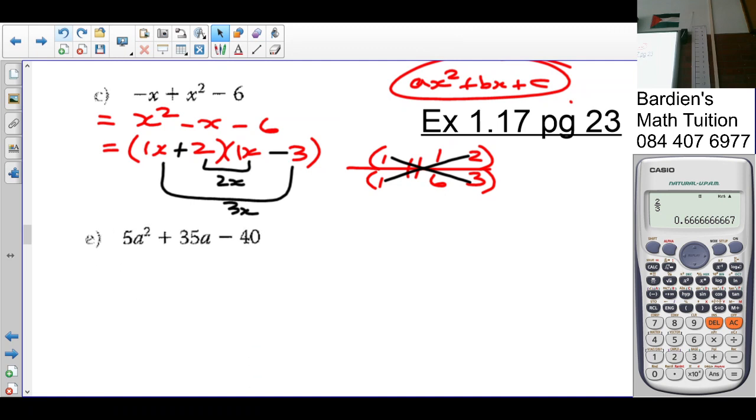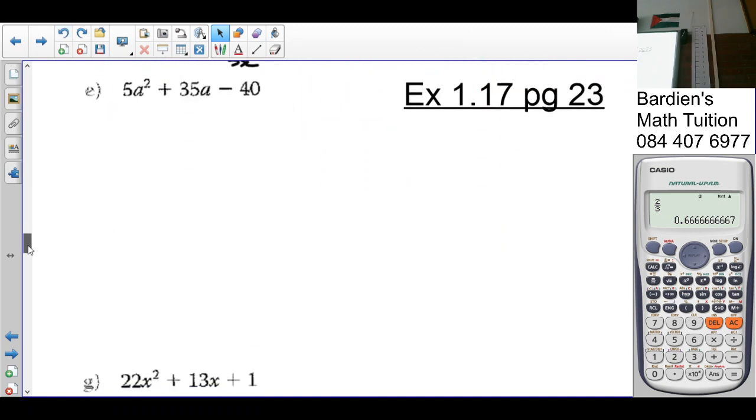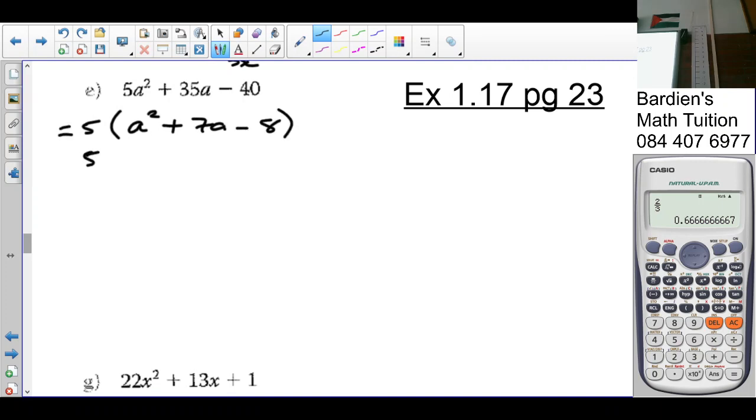Let's do the last one quickly. What is common here? 5 is a common factor. We're left with a squared plus 7a minus 8. What goes on the line? 1 and 1, 1 and 8, 2 and 4.